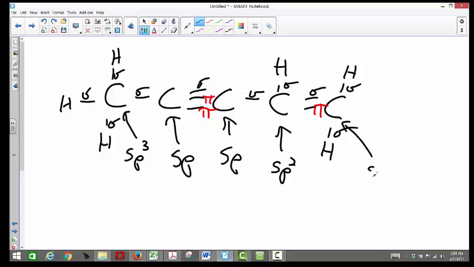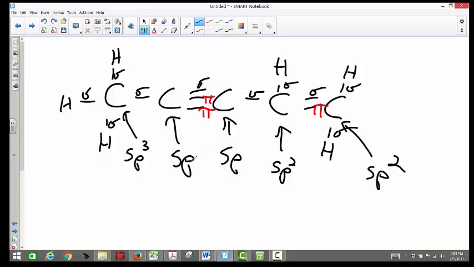Ditto this guy. One way you can always do this and always be right is to pretend everything's an sp3 and then subtract how many pi's there are from the 3. So here I say sp3, there are no pi's, so it's still sp3.